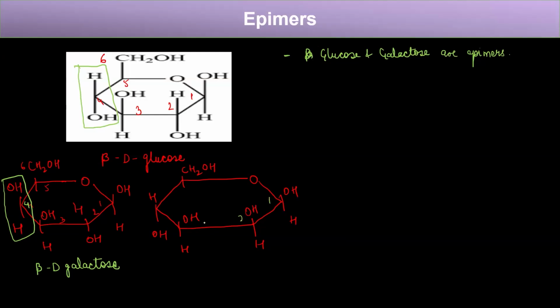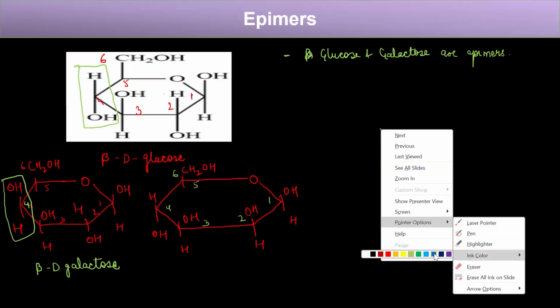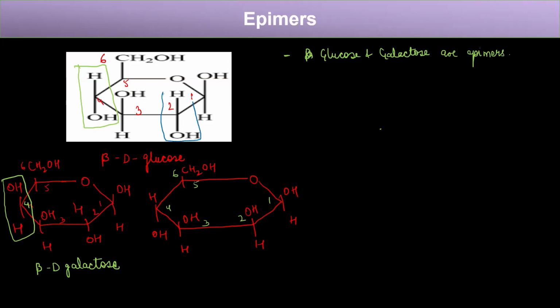Here we can number 1, 2, 3, 4, 5, and 6. So the difference will be, let me use a different pen. What difference can we observe? If we compare this structure, the difference will be here and here, right? In this case, the OH is above the plane, while in the glucose case, it is down. And this structure is known as beta D mannose.